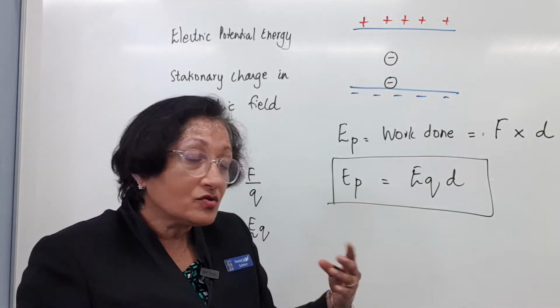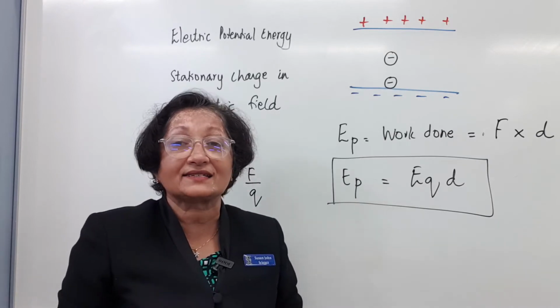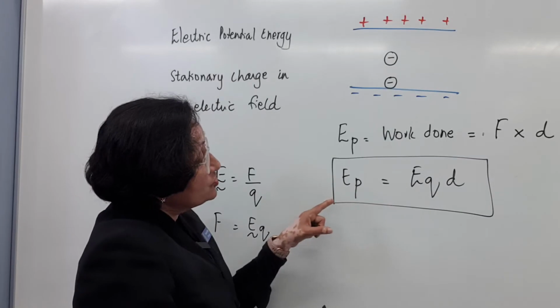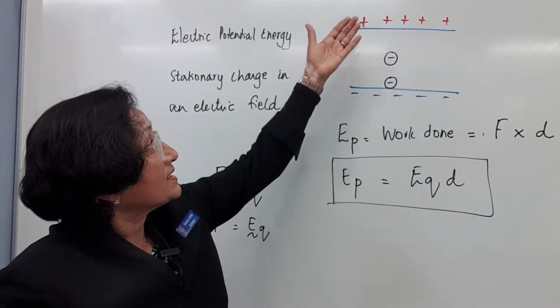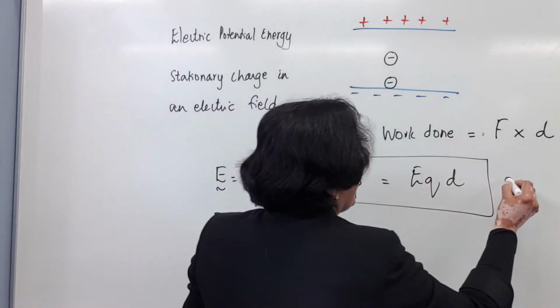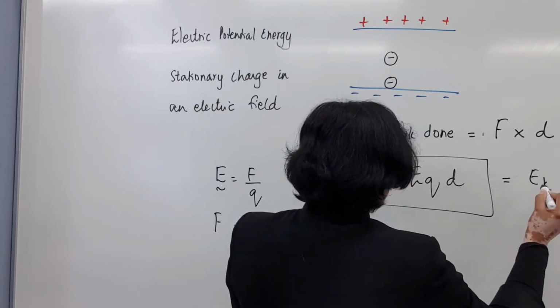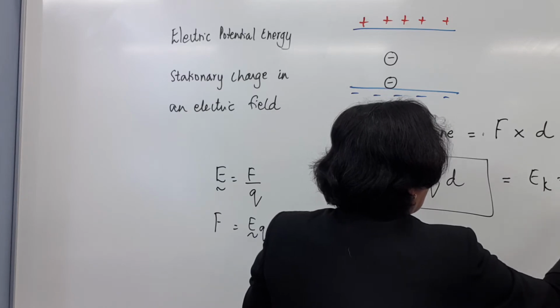If you let it go, this electric potential energy will be changed to kinetic energy as it accelerates towards the plate with the opposite charge. So you can also find out the speed with which a charge will hit the other plate. The electric potential energy gained is equal to the electric potential energy lost, which is equal to the kinetic energy gained, and that's half mv squared.